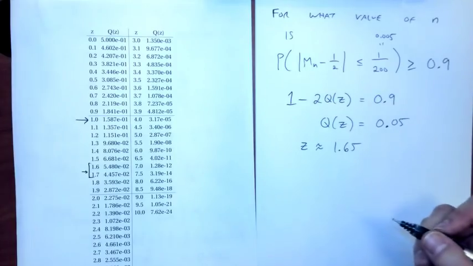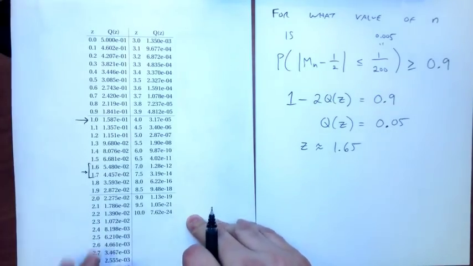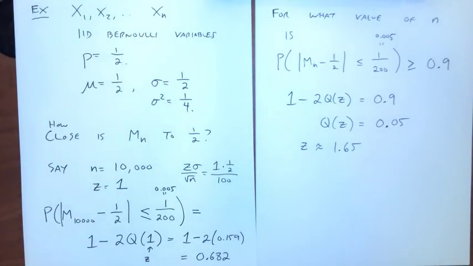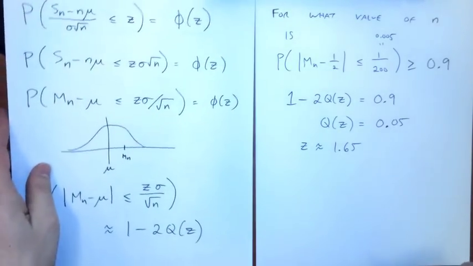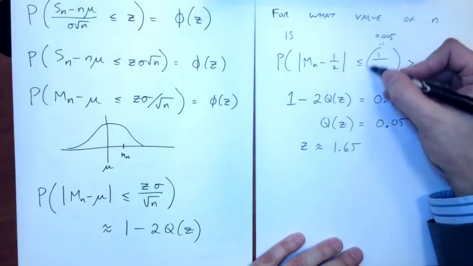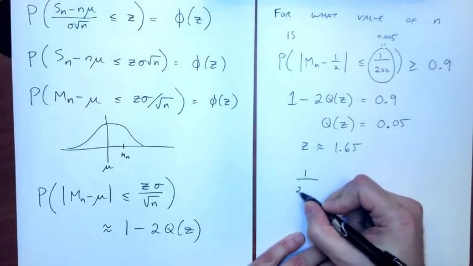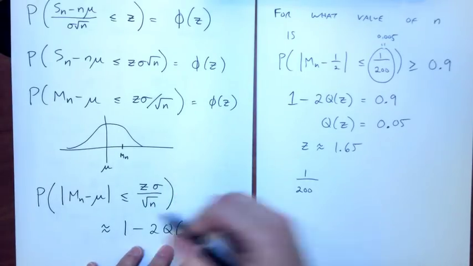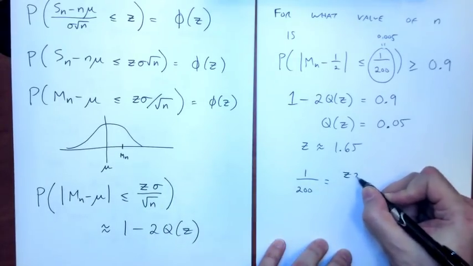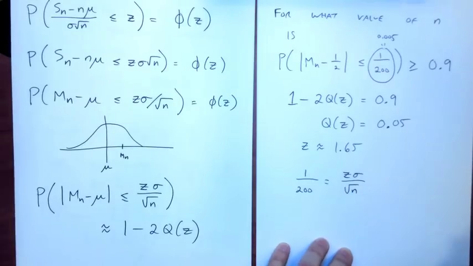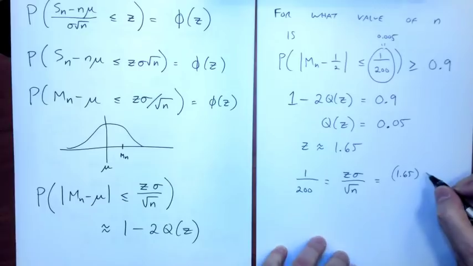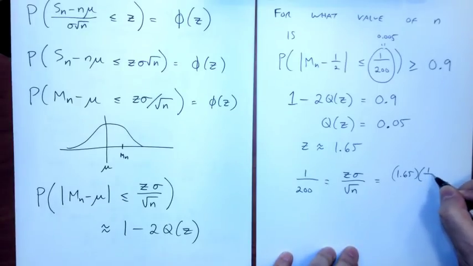So now I take this back to my statement. How do I get from here to n? Let's compare the information. I'm telling you 1/200ths, and that has to be the same as this z sigma over square root of n. I know z, 1.65. I know sigma from the coin flip case is 1/2.